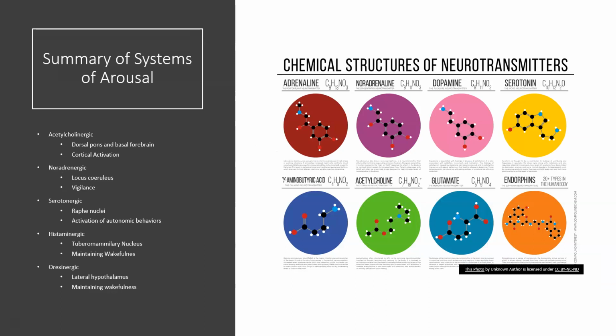So in order to understand sleep, you have to understand really what being awake is. And to understand that, there are 5 main systems involved in arousal. There's the acetylcholinergic system, which is associated with cortical activation. There's the neuroadrenergic system, which is associated with vigilance. The serotonergic system, which acts in the activation of autonomic behaviors.